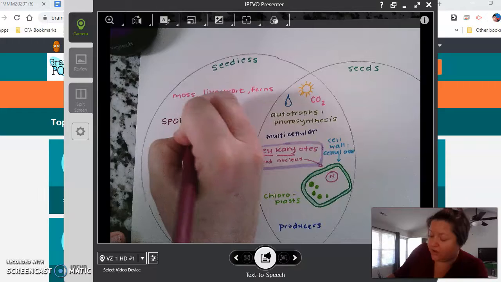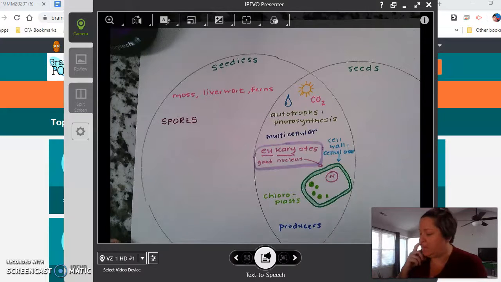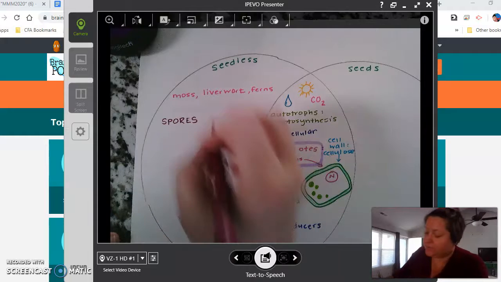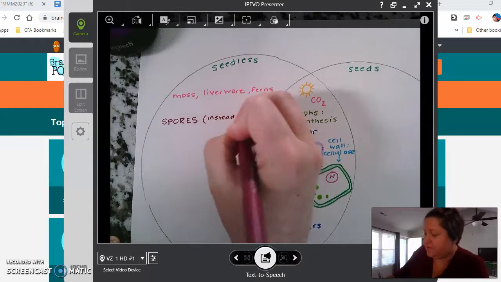So spores are unprotected, whereas a seed has a hard outer covering and is kind of a plant that's hibernating. These spores are going to be dispersed by the wind, and if they land somewhere that is habitable, they will start to reproduce and make a new plant. So this is a very unpredictable way to reproduce. So spores instead of seeds.